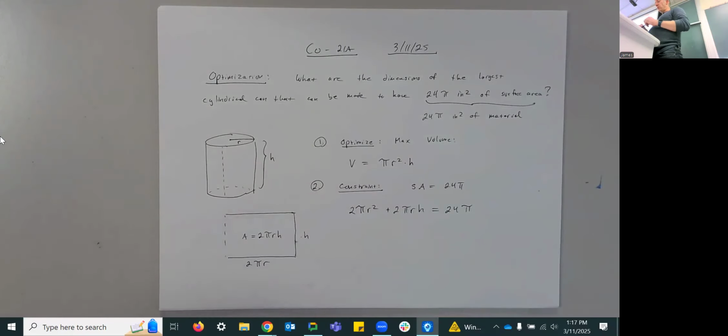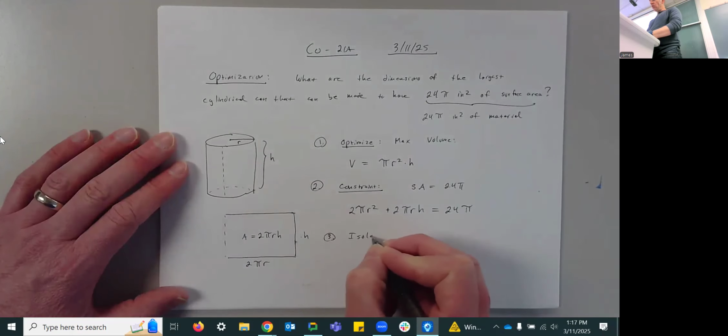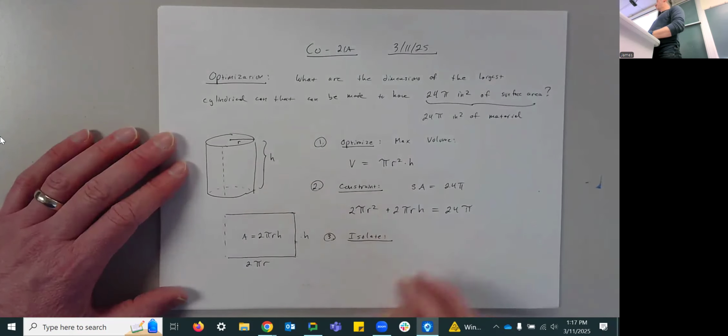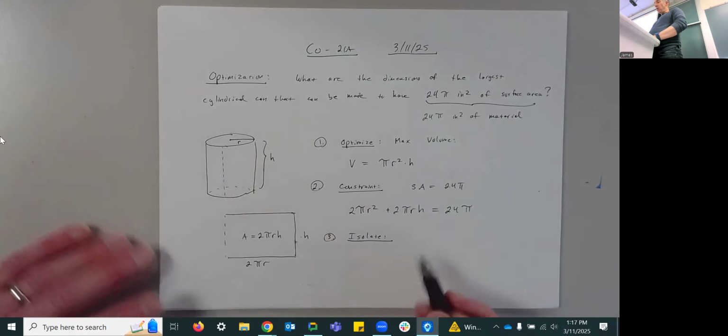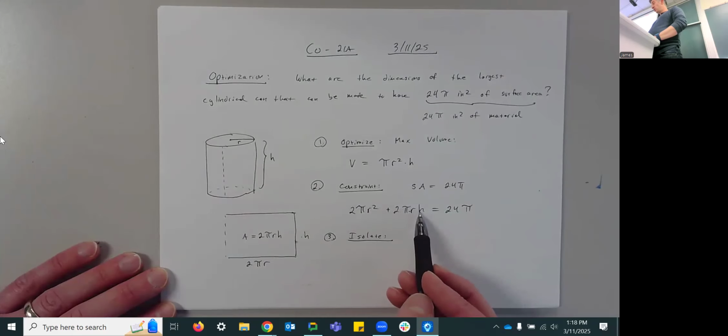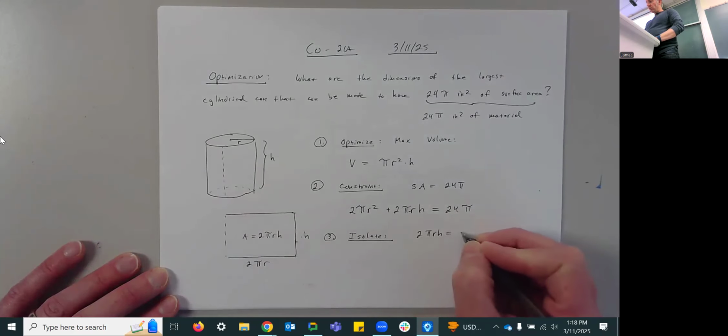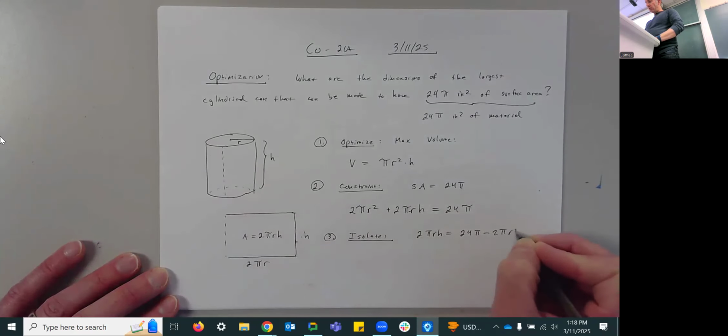Then our job is to isolate one of the variables in the constraint equation. And usually your choice is to pick the easier one. So I point out that there's an r here and an r here, so isolating r is going to be a challenge. I should isolate h. So I'm going to say 2 pi r h is equal to 24 pi minus 2 pi r squared.